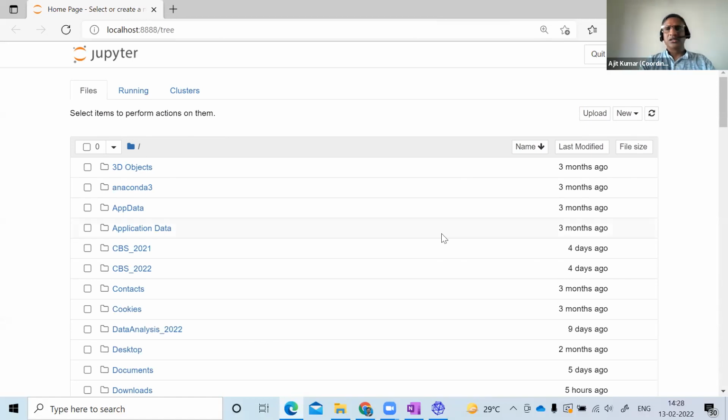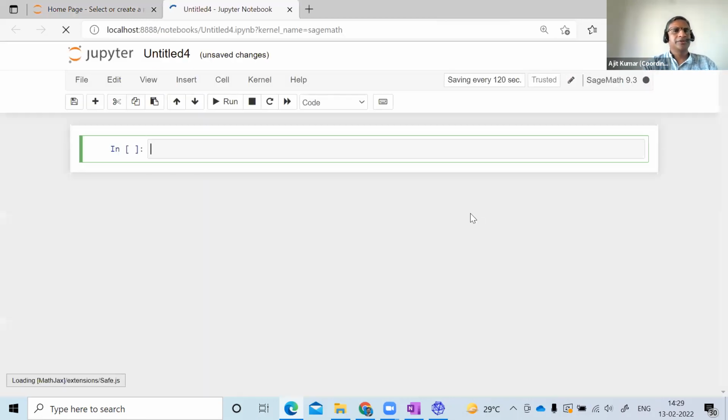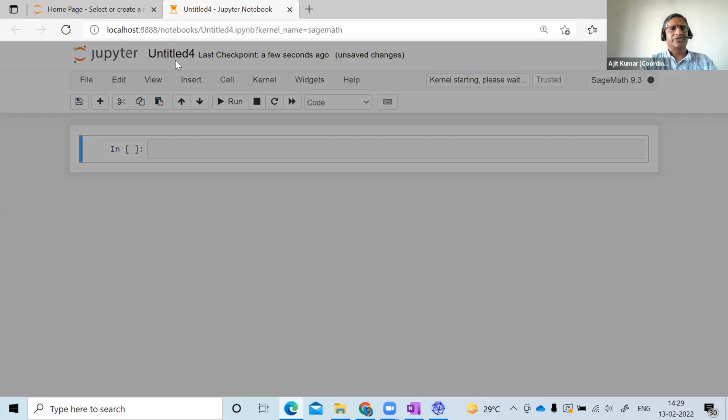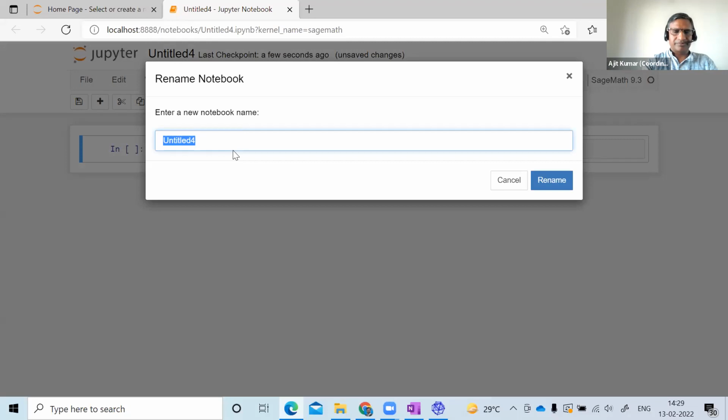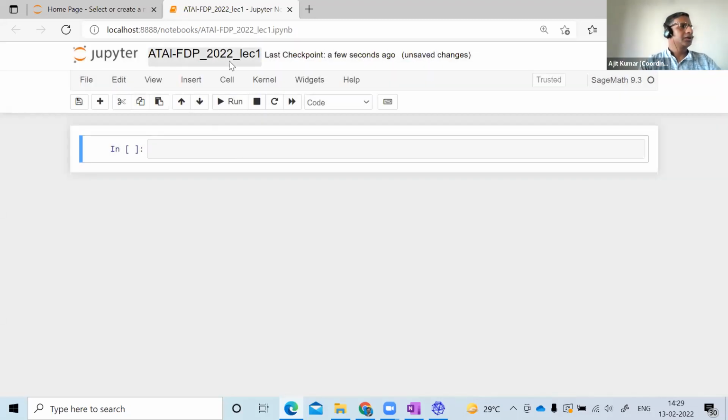Right, so now let me open a new worksheet. I will open a Sage 9.3 worksheet. If you want, you can give it a name. Let us say ATAL FDP 2022 lecture 1, and that's the name I have given.